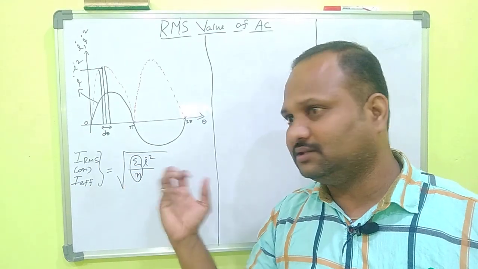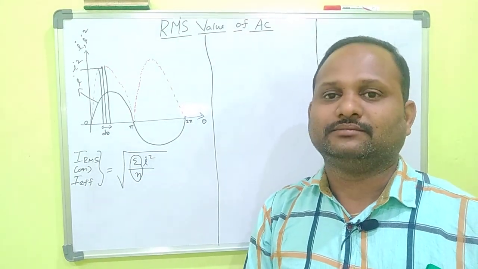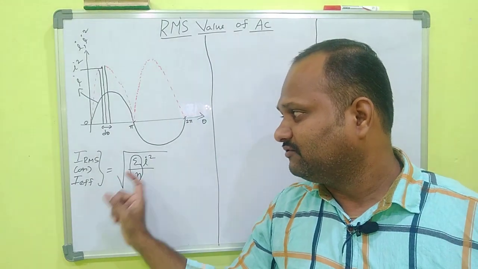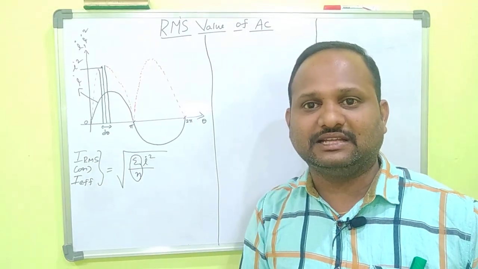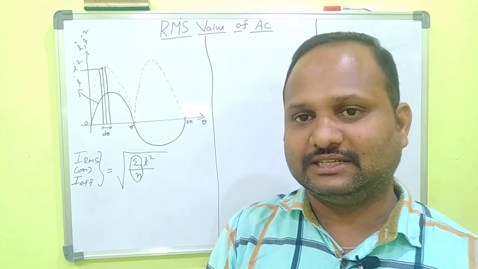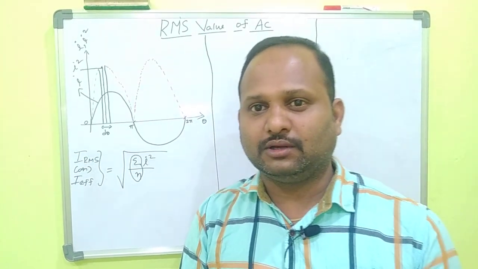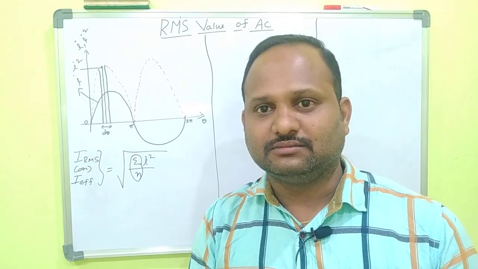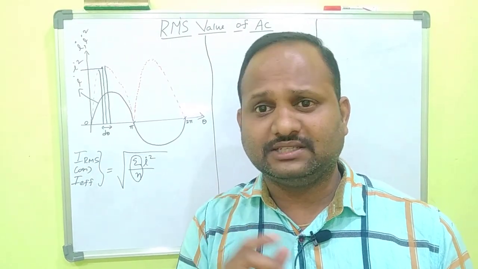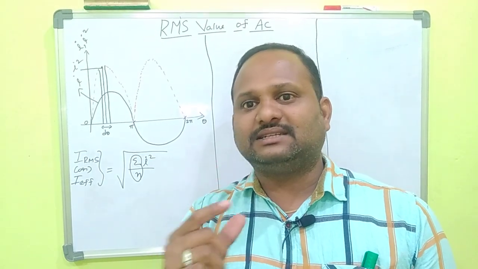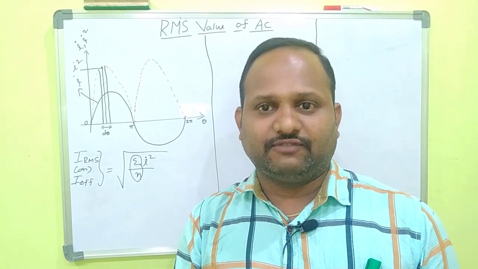Then how do we find this value? Before that, let us understand the physical meaning of IRMS, the RMS value of alternating current. Before going to the definition, I will give you one example. I want to boil 5 liters of water within half an hour.